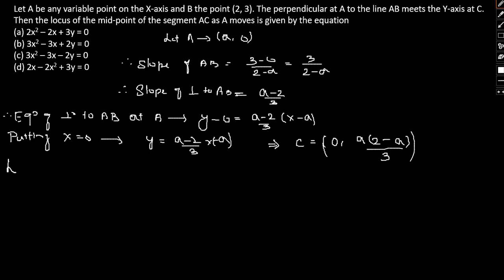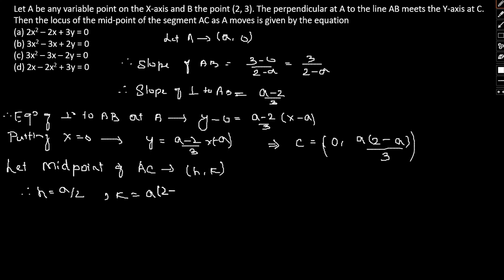Now let the midpoint of AC be say (h, k). So therefore h will be a by 2, and k will be the y-coordinate of C divided by 2, that is a into (2 minus a) by 6. That will be like k.